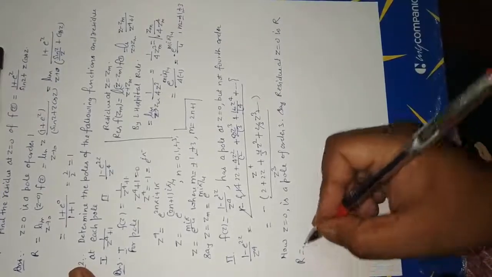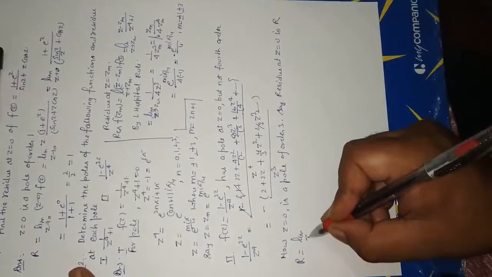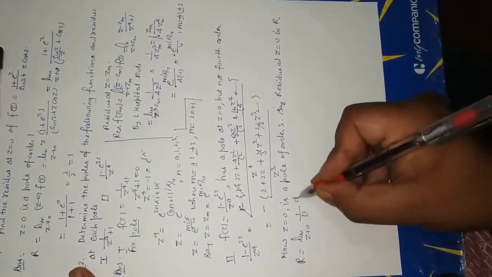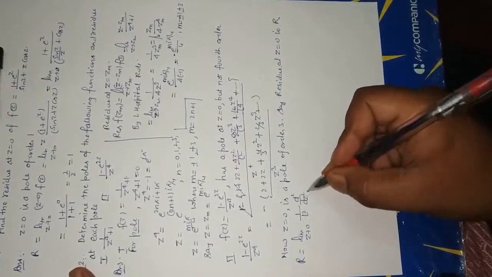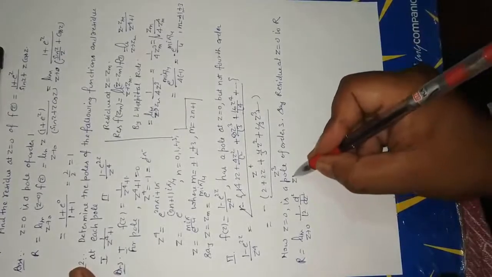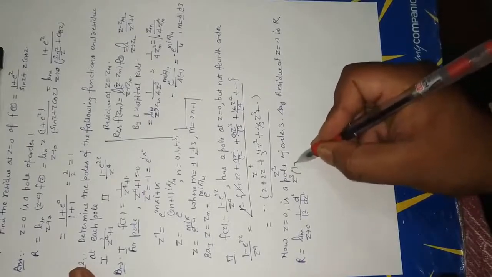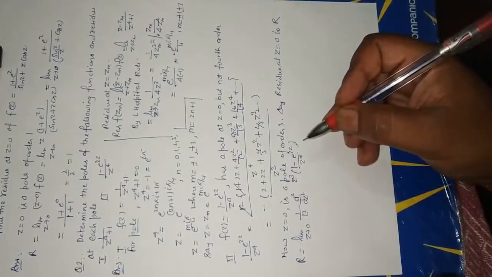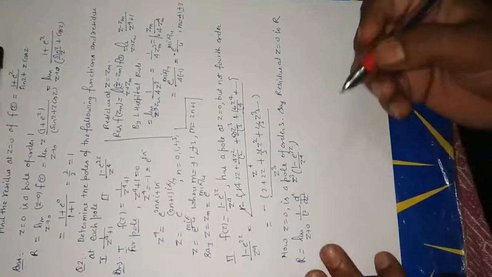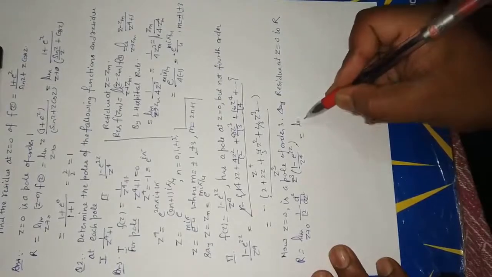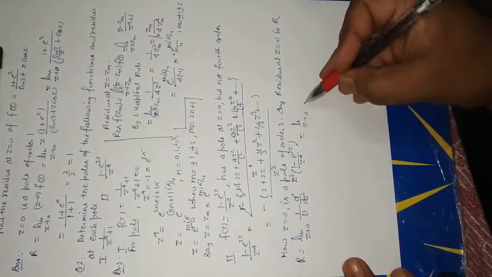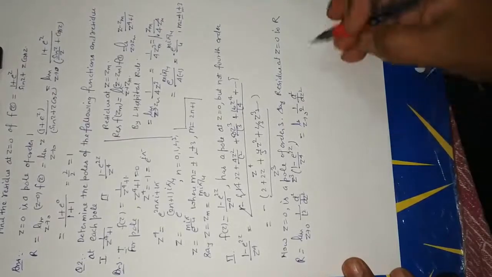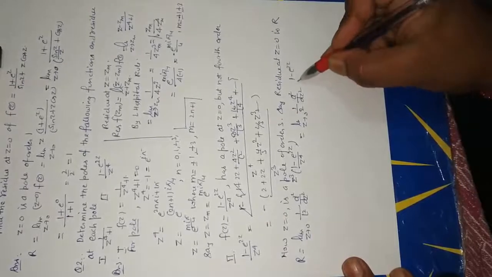Now r is equal to limit z tending to 0, 1 upon factorial 2, d2 upon dz2 of z cube into the function 1 minus e to the power 2z upon z to the power 4. This is equal to limit z tending to 0, 1 upon 2, d2 upon dz2 of 1 minus e to the power 2z upon z.